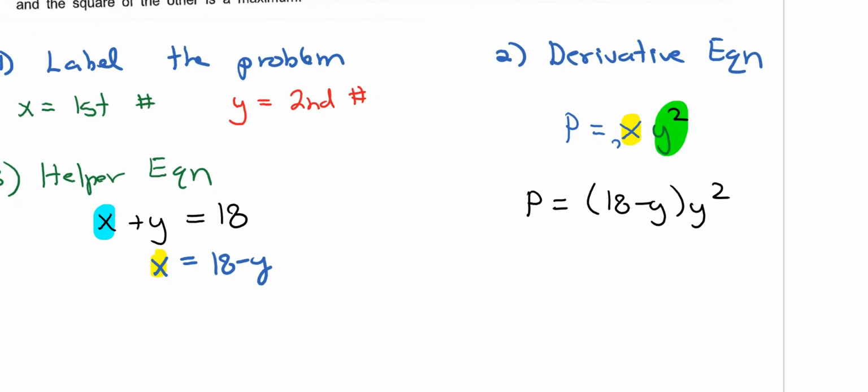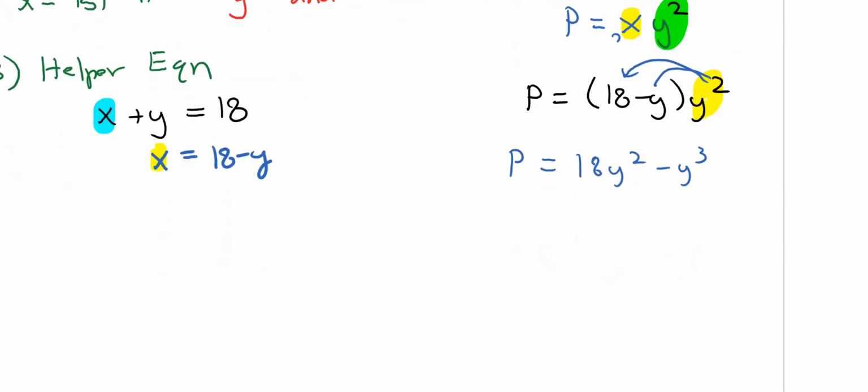Because if I take this y squared here, I can easily distribute that into the brackets, which creates less work. So this would be 18y squared minus y cubed equals P. Notice that I can easily take the derivative on my next step without doing a lot of algebra work. So in this particular problem, it's actually better to substitute for x and not y.